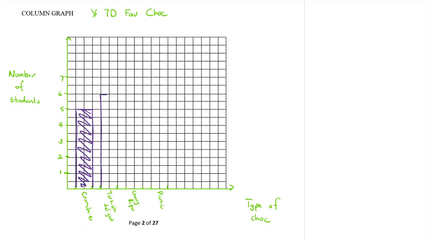So we draw another column like that. Okay, then the Cherry Ripe had 4 people. And lastly, the Picnic had 7.